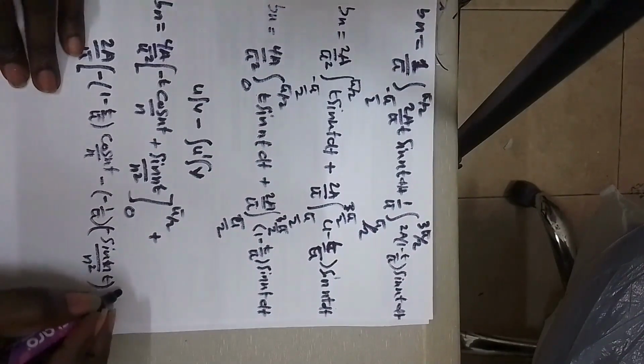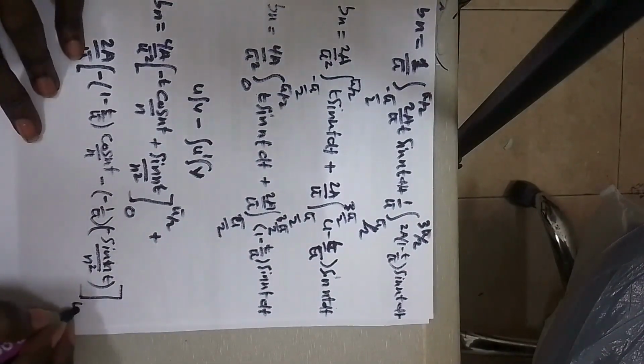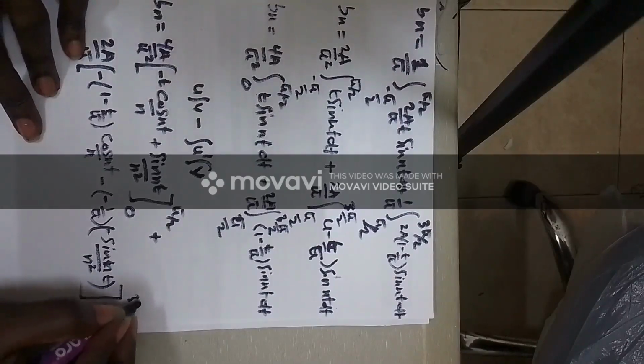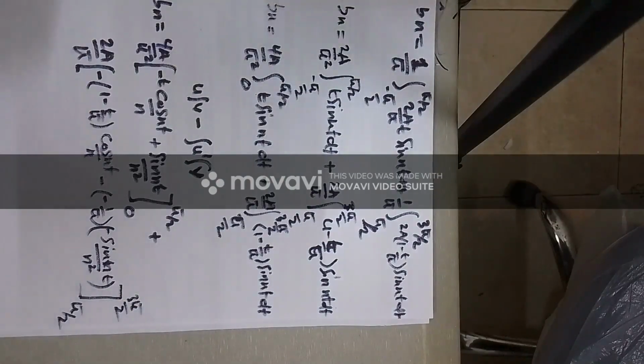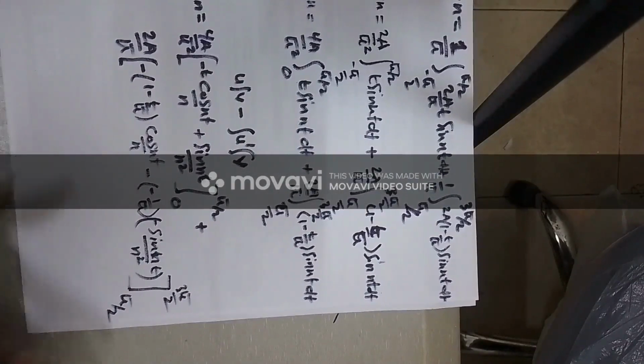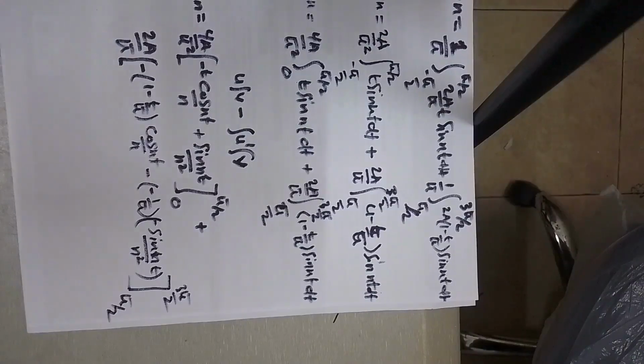So now I can just close it and bring my limits pi on 2 and 3 pi on 2. The next stage is to insert my limits into the equations.